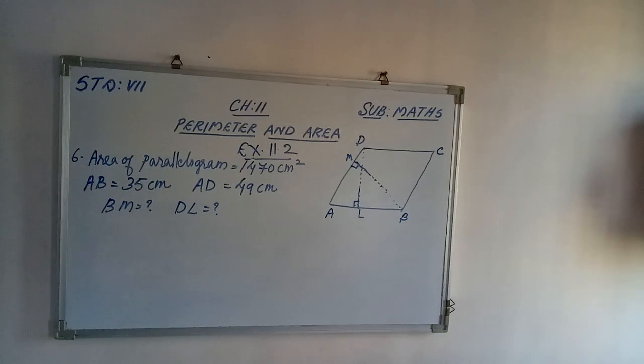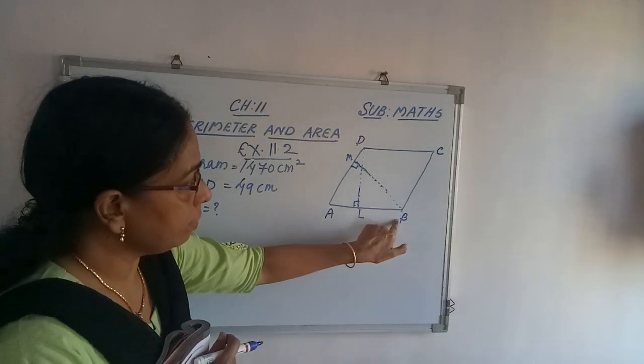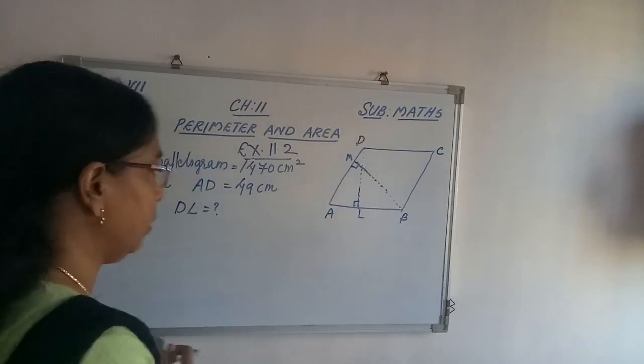Now see, I told you AB is the base, then DL is the height.